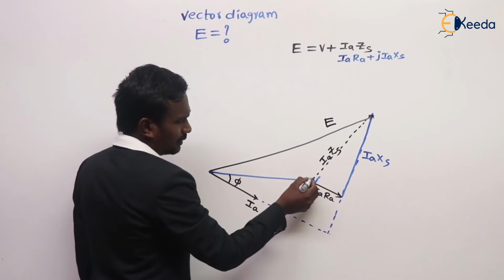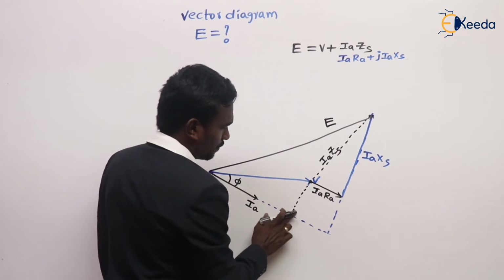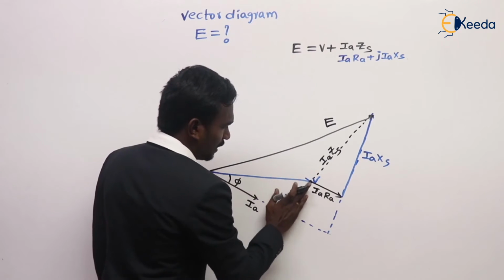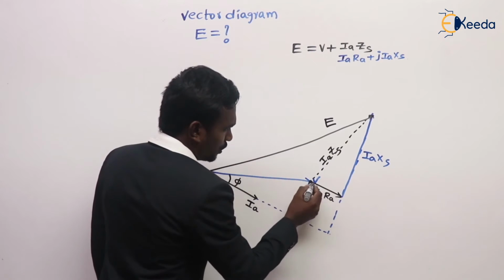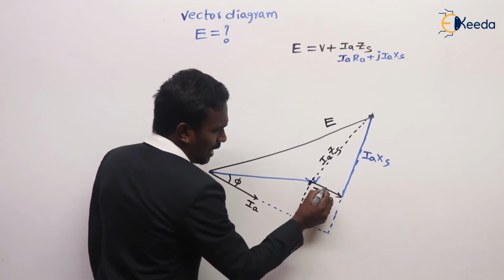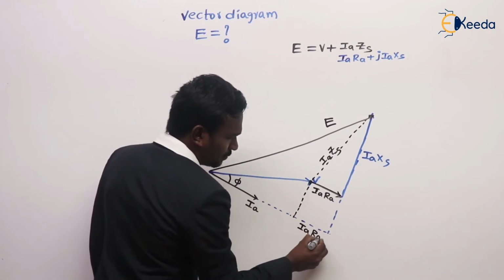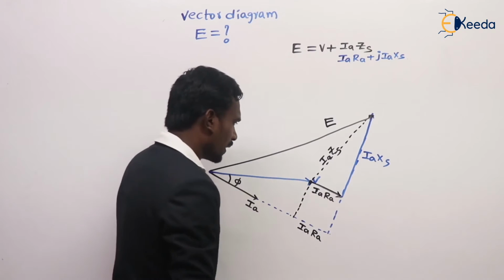And see, for example, take this projection here exactly. This is IARA, and this is also IARA. Are you okay?